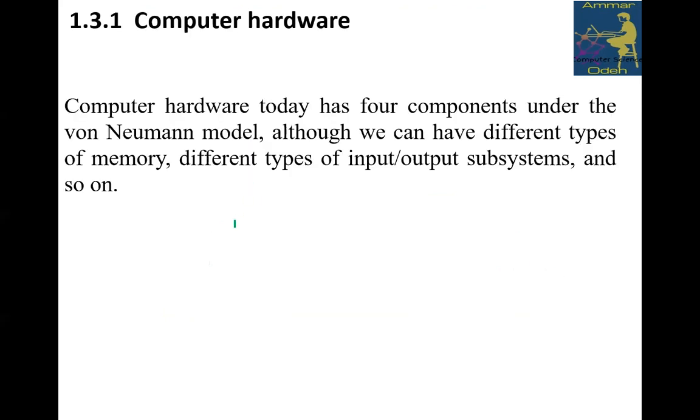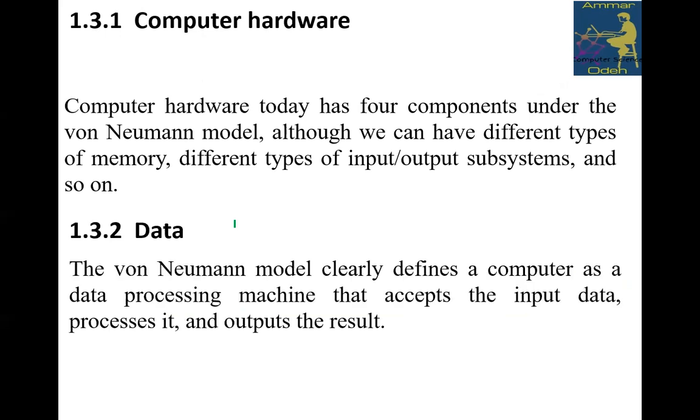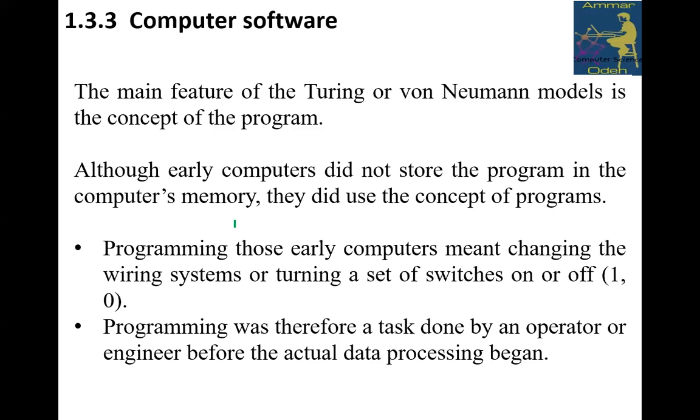Computer hardware, okay, consists of memory, input, output, and different hardware you can use. And the data, based on the Von Neumann model, is kind of the information. You're gonna process that information and result the output.